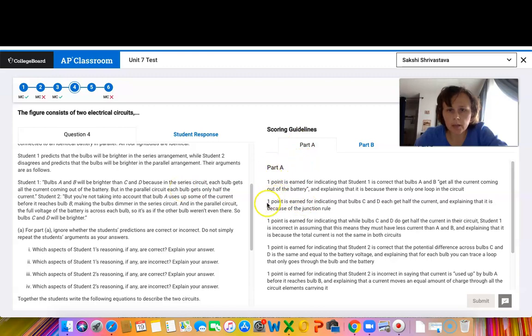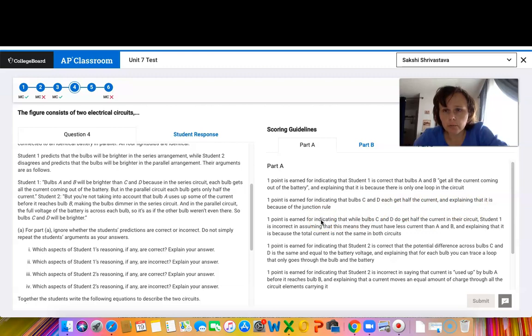So for part A, here's the rubric. You can earn 5 points for this part A. 1 point is earned for indicating that student 1 is correct: the bulbs A and B get all the current coming out of the battery, and explaining that this is because there is only one loop in the circuit. The second point is for indicating that bulbs C and D each get half the current because of the junction rule.